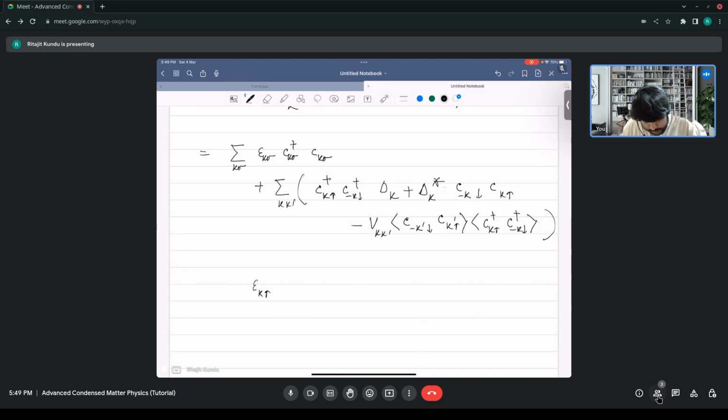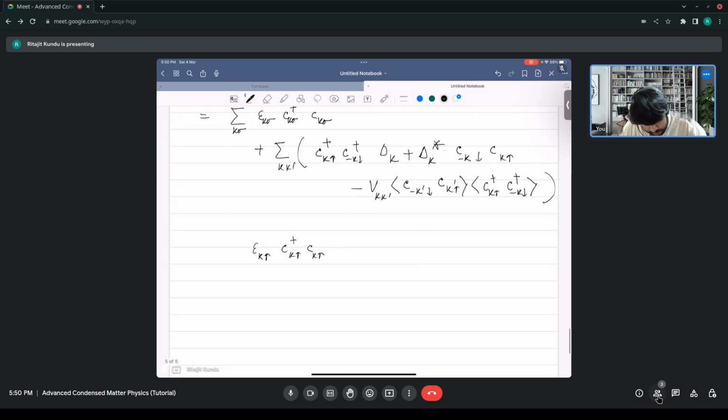Let me first expand out the spin summation. The spin summation will give me epsilon k c k up dagger c k up, plus epsilon k down, c k down dagger, and c k down.